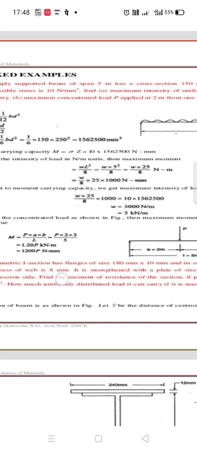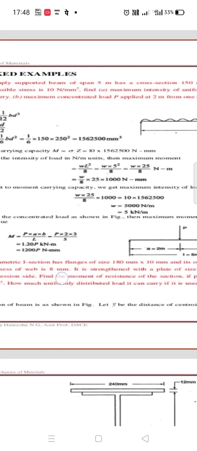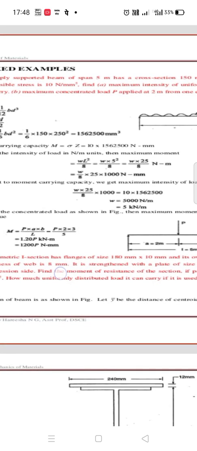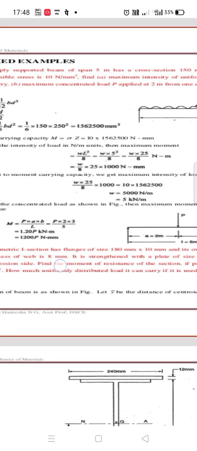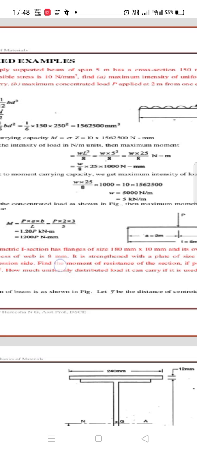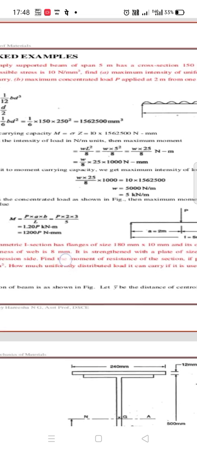Then the intensity of load in Newton per meter: the maximum moment formula, already we got for the length, is W L square divided by 8. So W into 5 square divided by 8, 5 square is 25, so W into 25 divided by 8 into 1000 Newton mm.